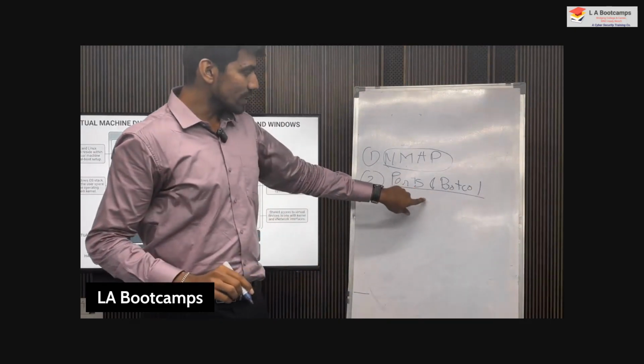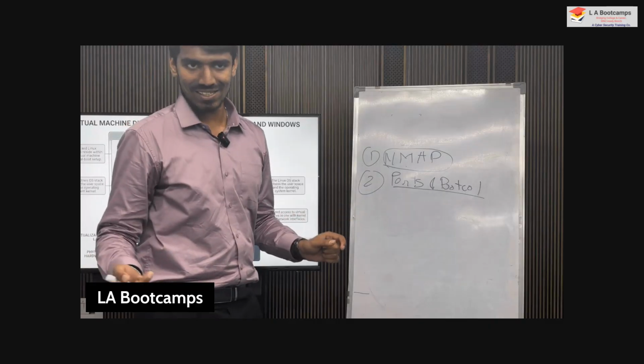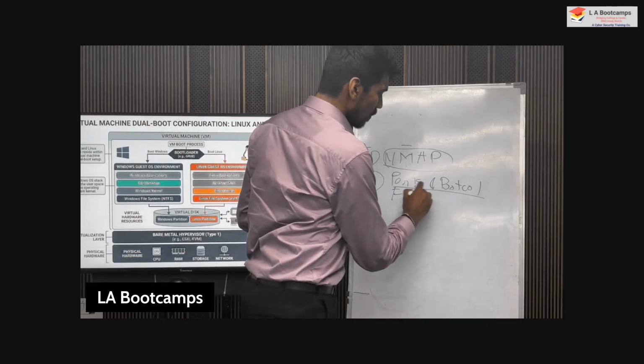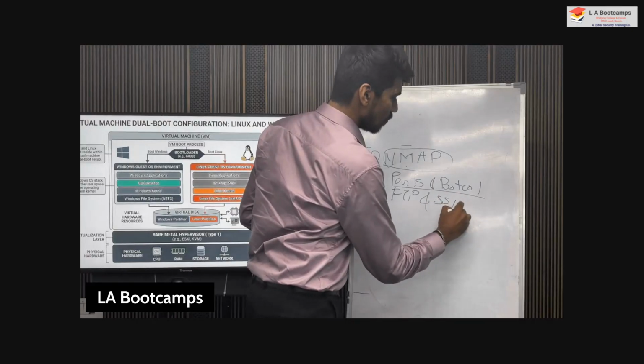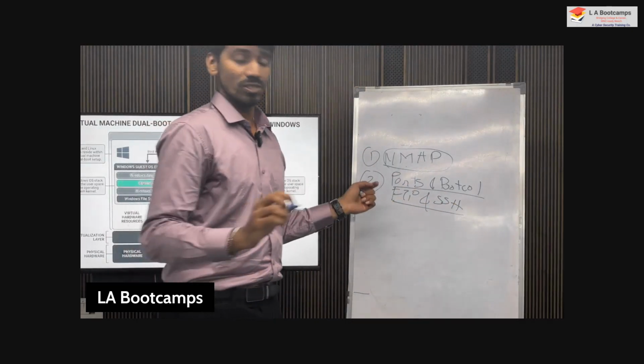So in this second type, we have already told you to install FTP and SSH. We can try to access these FTP and SSH ports and protocols and try to bypass them using a brute force attack.